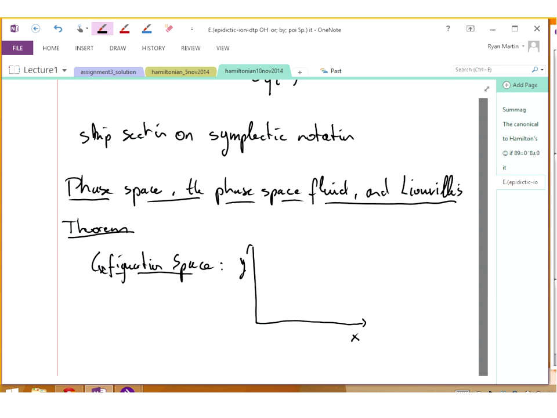All right, so if you're in three-dimensional space, there are three axes. So I'll pretend I'm in two-dimensional space. And if you have a cannonball, then it can start at one point in position in configuration space, and it can take different paths.